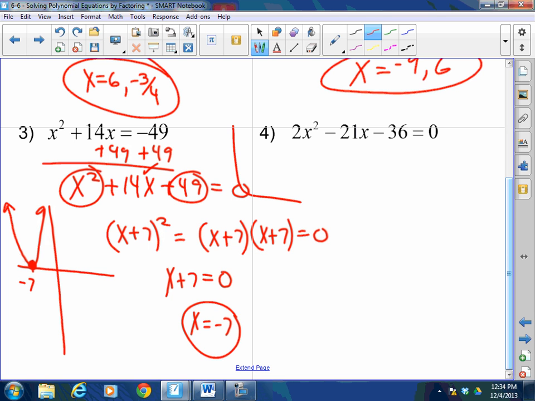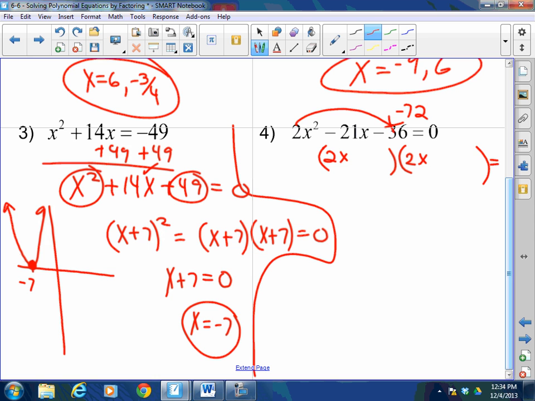Okay. Last but not least. Can I factor a GCF out? No, you cannot. What times what is negative 72, but together is negative 21? Did we just do this? No, there was 4x and 18.